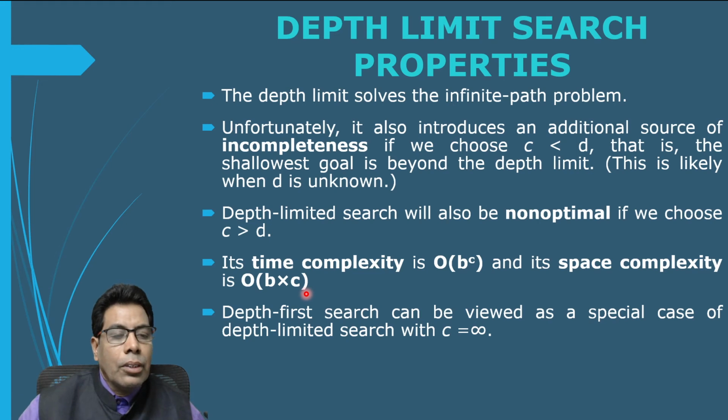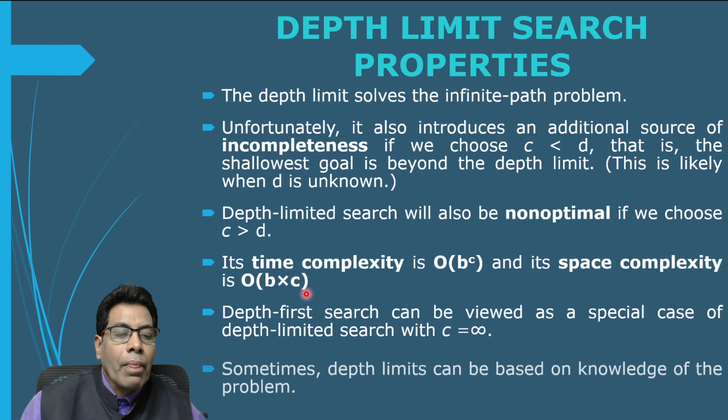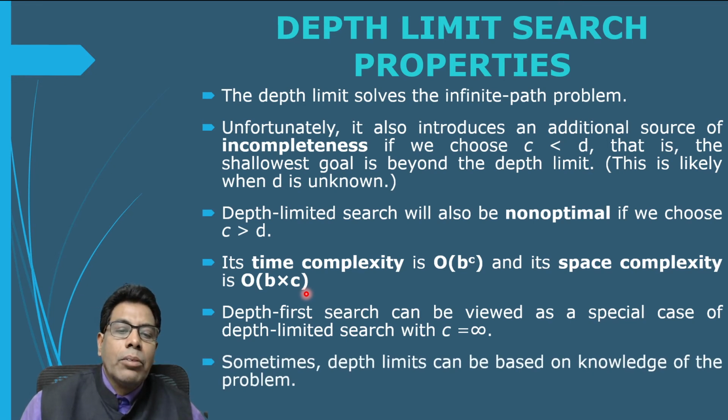So in depth limited search, we have just kept the limit, and if that limit is infinity, it is the same as the depth first search. Sometimes depth limits can be based on the knowledge of the problem, and then we can get the solution in less time. That is the advantage when we are using the limit.